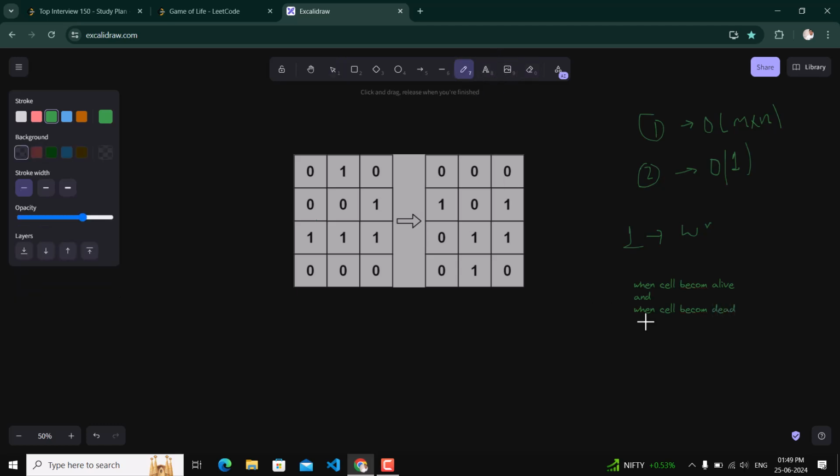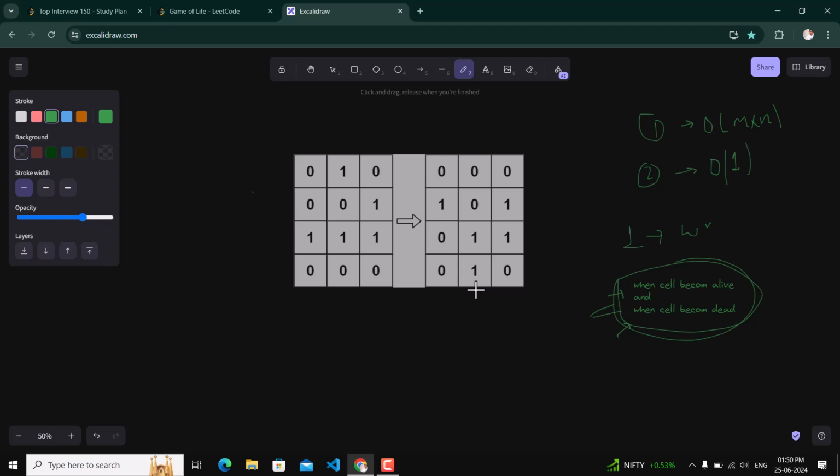Mainly we have to take care of these two situations, because in other cases, when a cell is alive because its population is in the range of 2 and 3, or it is already dead and its neighbors do not contain enough live cells to make it alive, these will be taken care of by counting the number of live cells around it. But we have to take care of these two stages, when a cell becomes alive and when a cell becomes dead.